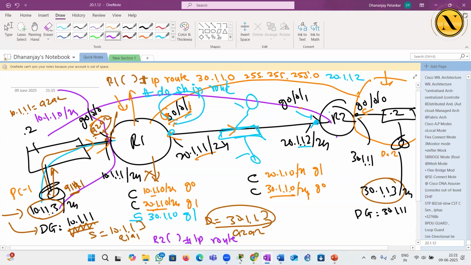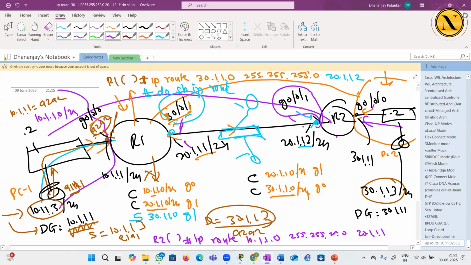For R2, 20 and 30 are directly connected. Only 10 is remote. So let's say they are using their 10.1.1.0 subnet. And what subnet mask they are using? 255.255.255.0. And if I get a packet for 10.1.1 something, I should be forwarding out from my gigabit 1 port. And who's the next hop? This one, 21.1. So next hop will be 21.1.1.